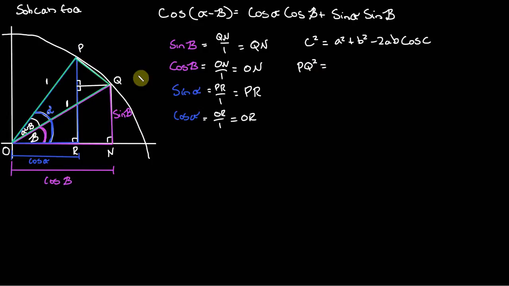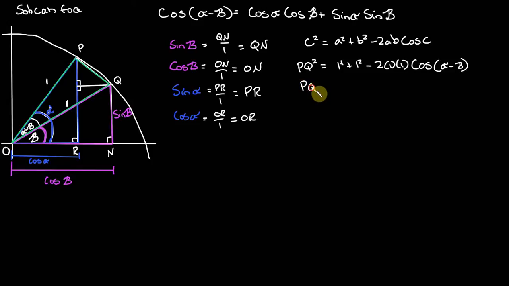PQ squared equals, well, we're going to have 1 squared plus 1 squared minus 2ab, that's just 1, 1, so 2 times 1 times 1, and then the cos of our angle, which is going to be alpha minus beta. So cos alpha minus beta.